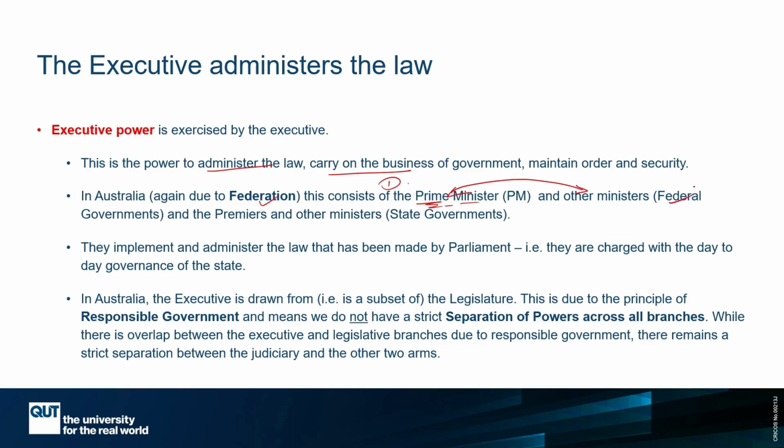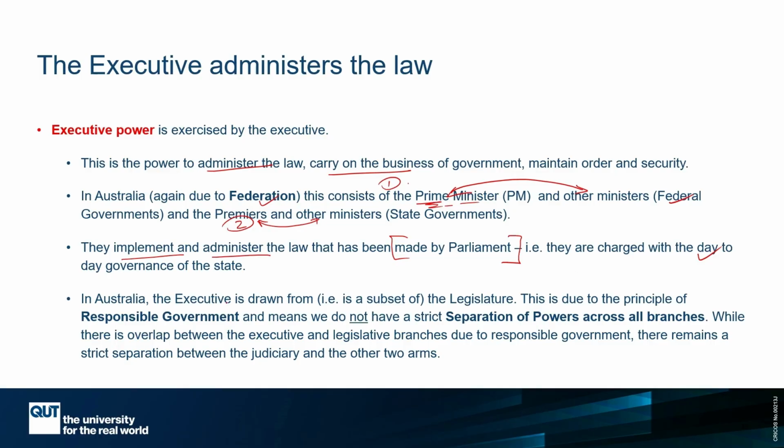They're the federal government executive, and at the state level, we have premiers and the ministers for their departments. So the executive implements and administers the law that has been passed or made by Parliament. They do the day-to-day work of making sure that the law is put in place and followed.